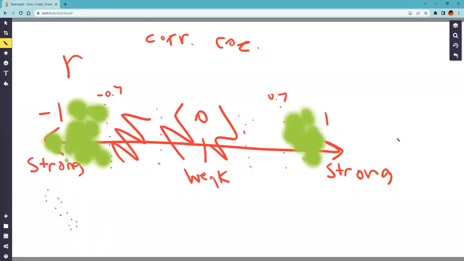The points are close together, and they show they're all doing the same thing. Over here, moderate would probably be something like that, and then weak is just all over the place. And then 0 would literally be if they were just nothing. So that's the correlation coefficient, or r.